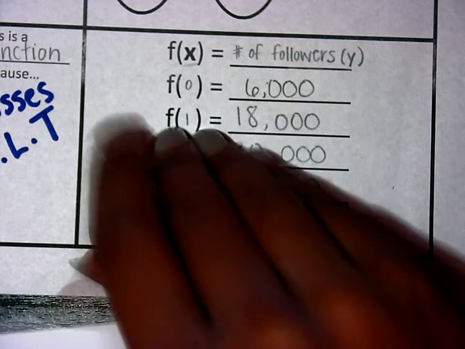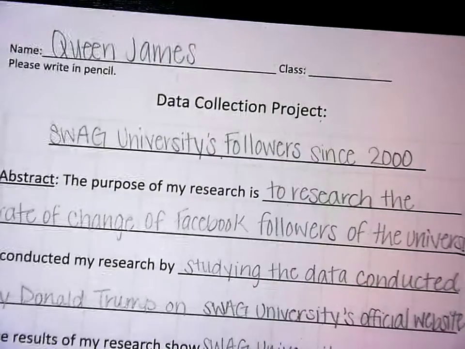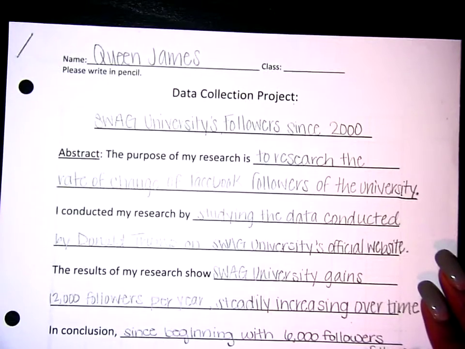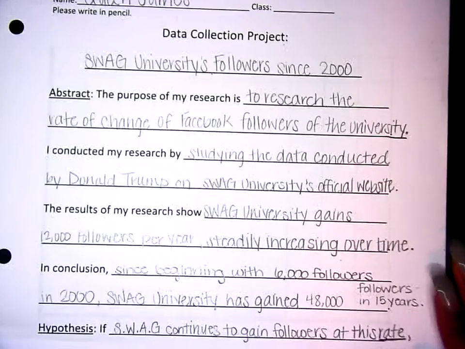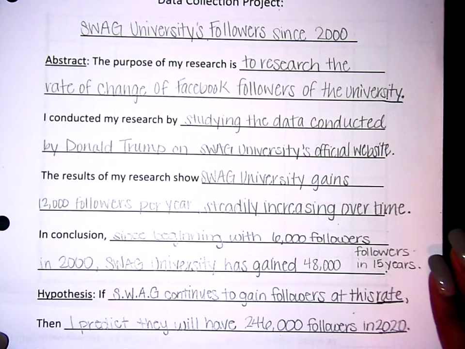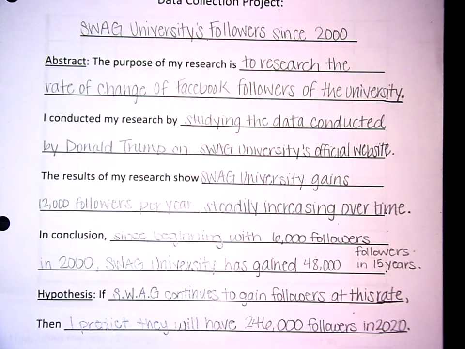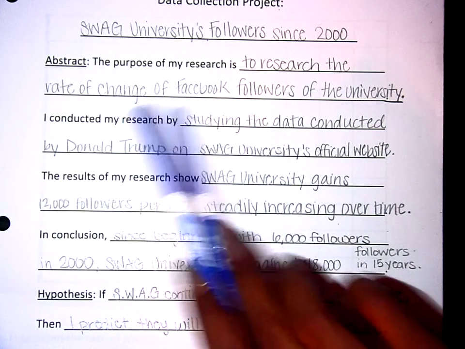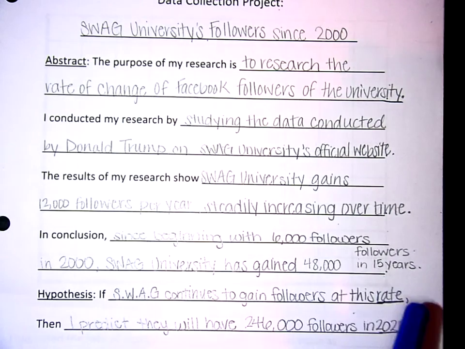So now that I have all of my data, to write my abstract, at the top I just listed my topic, so Swag University's followers since the year 2000, and my abstract. The purpose of my research is to research the rate of change of Facebook followers of the university.